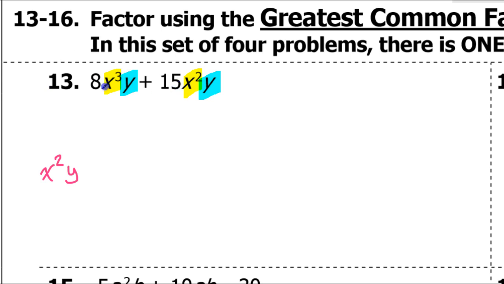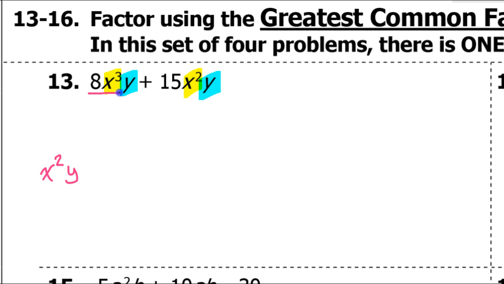And in this case, the answer is no. The only things that will divide into 15 are 3, 5, and 15. None of those divide into 8, so there will be no number part of the GCF. So this is the GCF, x squared y.